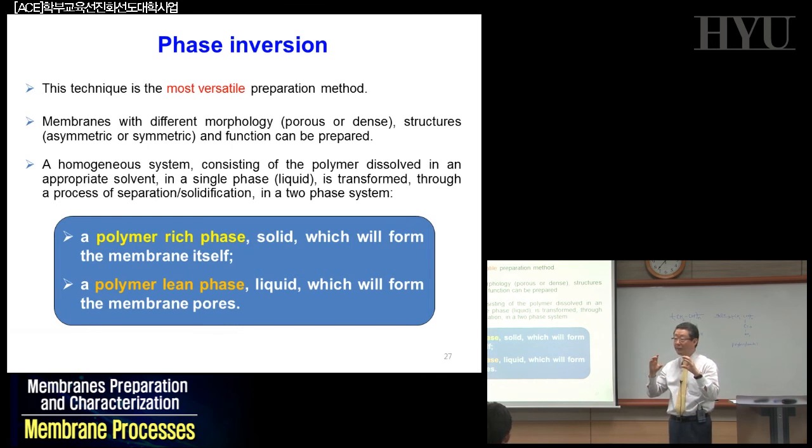Okay? Loeb and Sourirajan devised a way of making a thin asymmetric membrane by evaporating for a very short period of time, okay, like 10 seconds, and then put it into water, which is a non-solvent, and can make the phase inversion from the liquid phase to the solid phase by coagulating or precipitating these polymers.